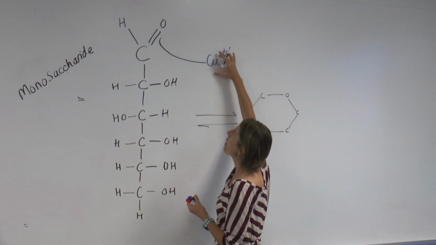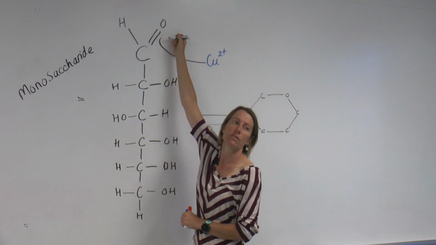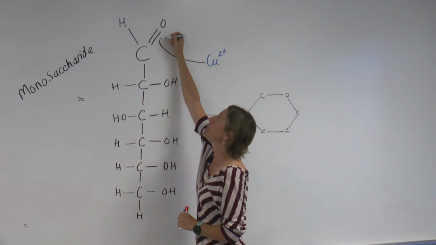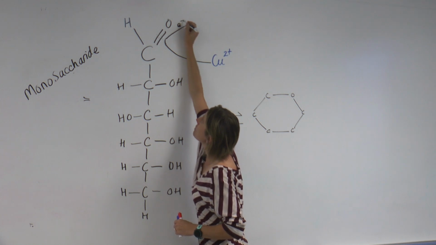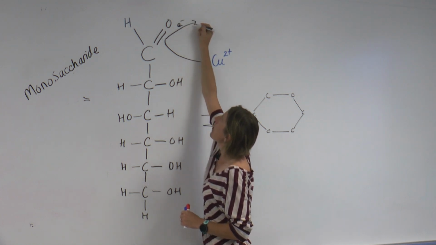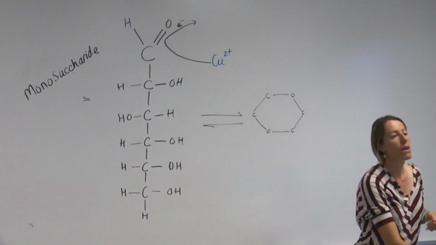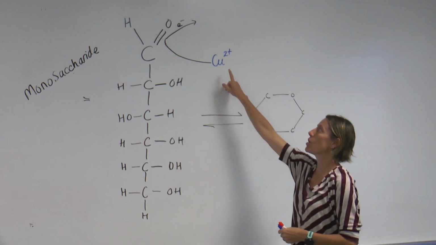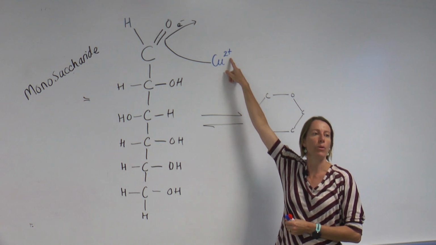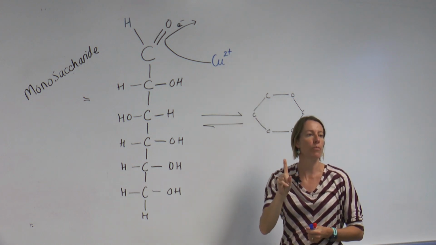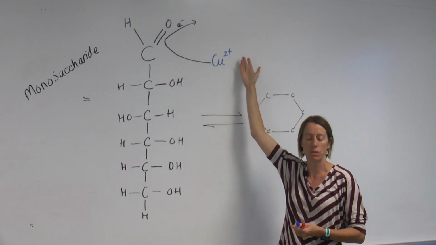This copper ion is going to swoop in here, and it's going to grab one of those electrons, break that bond. And we're going to take an electron from that bond. There it goes, E-. And this copper is going to take that electron. If we add an electron to this copper, it changes from being 2 positive to now only being 1 positive because we've added a negative thing in here. So we brought the charge down from 2+ to 1+.